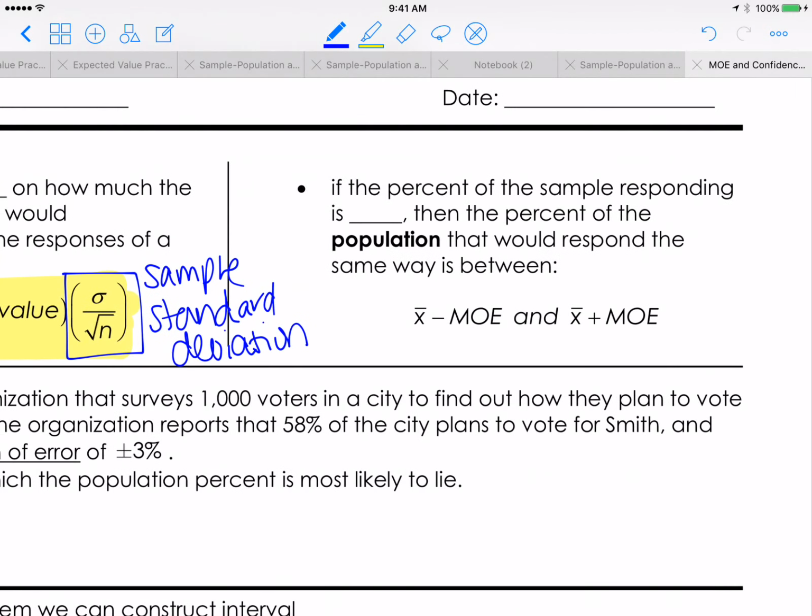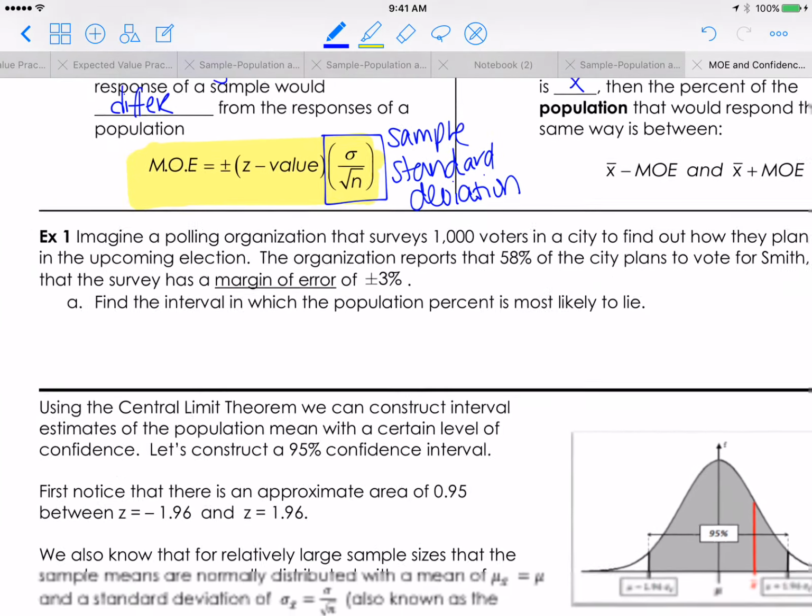Okay, so if the percent of the sample responses is your average, your mean, then the percent of the population that would respond the same way is between your mean minus your margin of error and your mean plus your margin of error. So we'll talk about that more in just a minute.